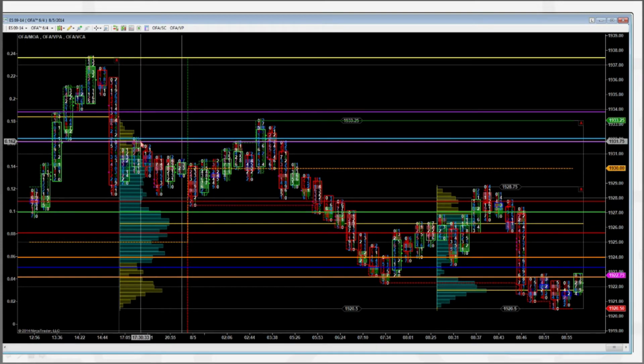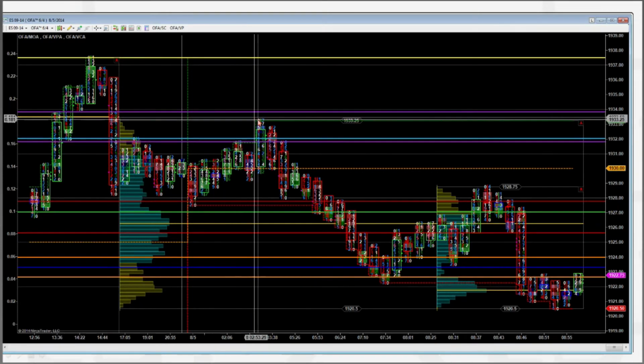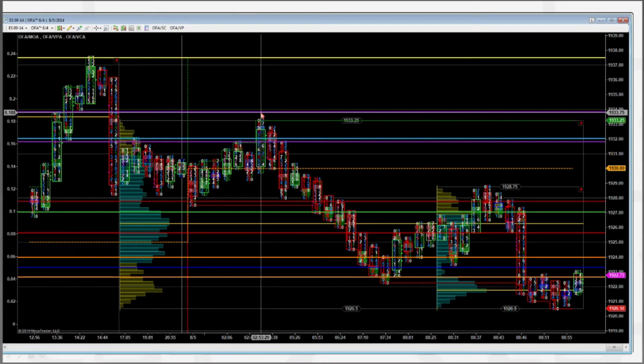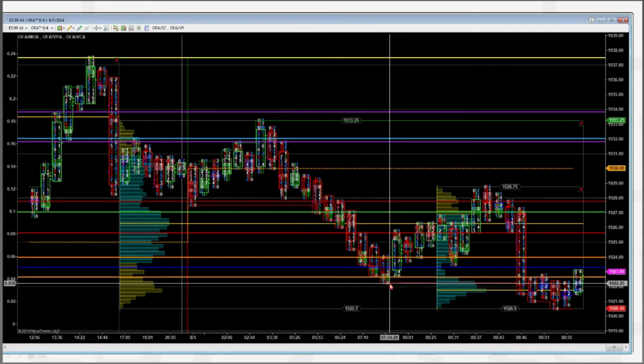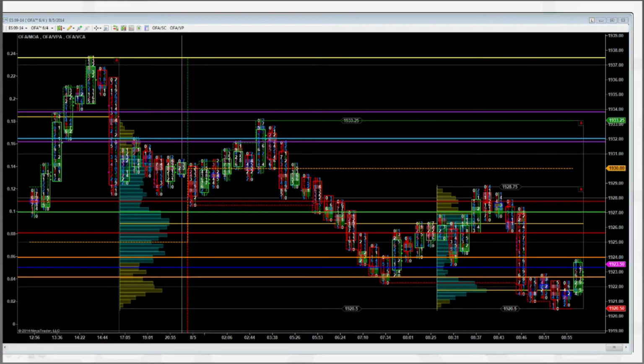Tried to come back up, and in the European session, couldn't get through opening swing high or closing swing high, started failing, and once it failed at closing swing low, it became a 9-point trade. Closing swing is the last push by buyers and sellers in the ES, in the market.